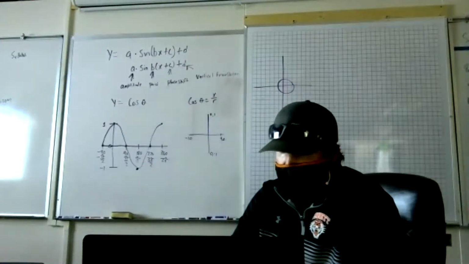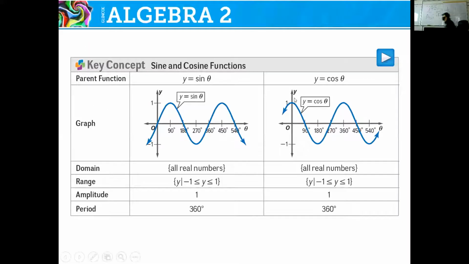All right. Now you get the book's version of the graphs. It explains the domain as being all real numbers. The range is from -1 to 1. The amplitude is 1, and the period is 360 or 2 pi. It has sine to the left and cosine to the right.